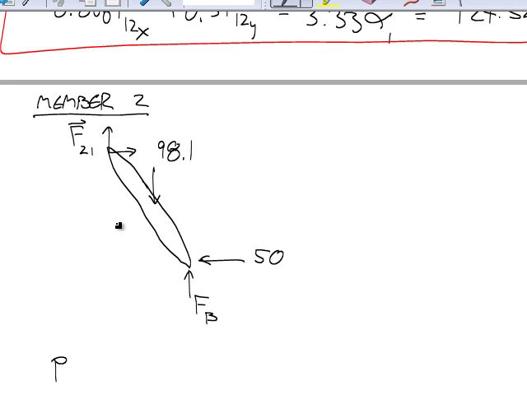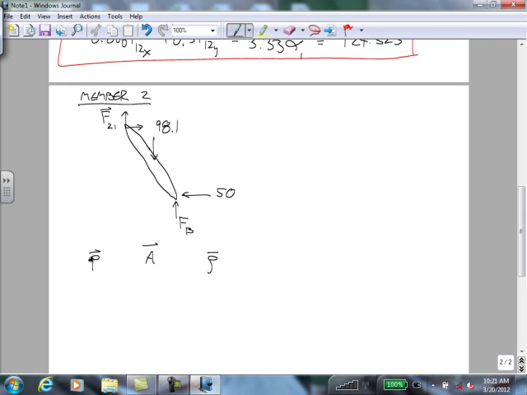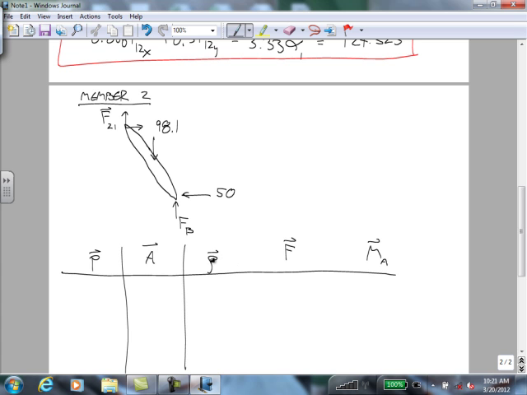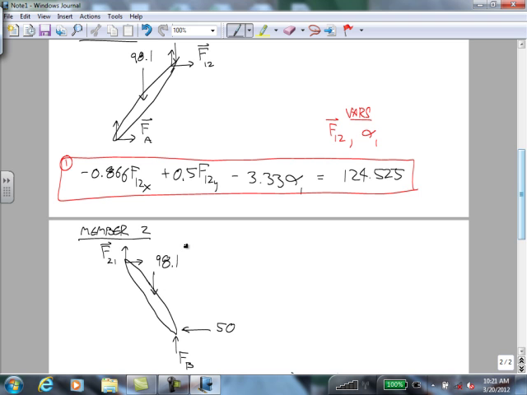So here's the free body diagram. Okay, so we can still use that same origin.